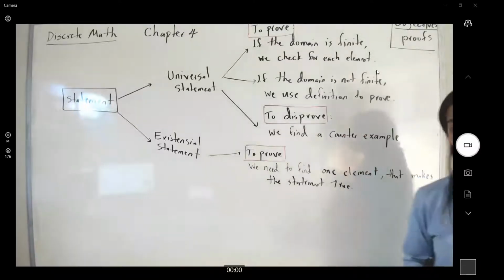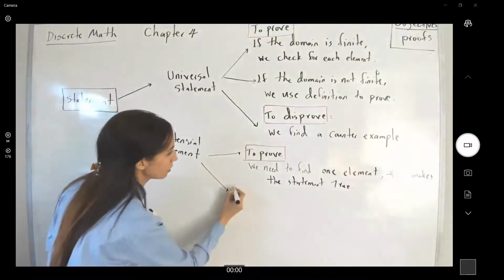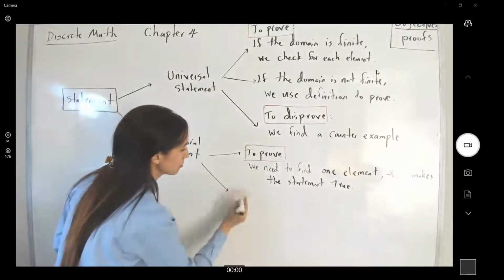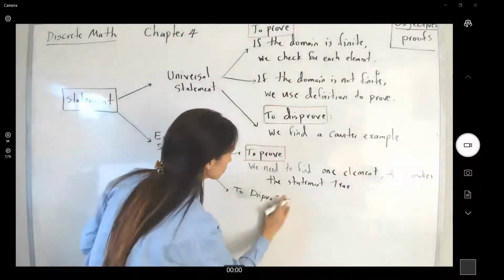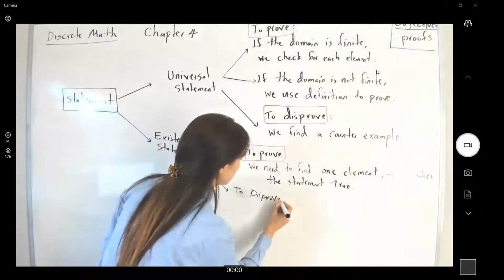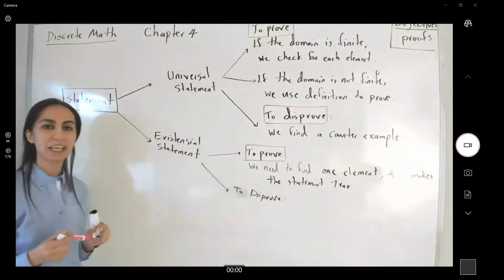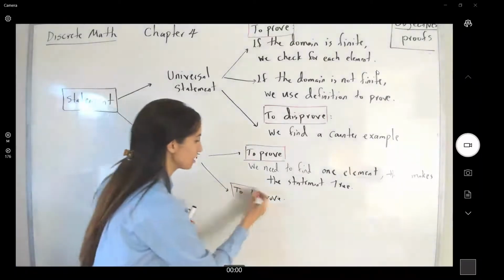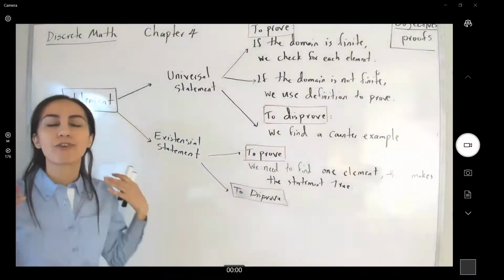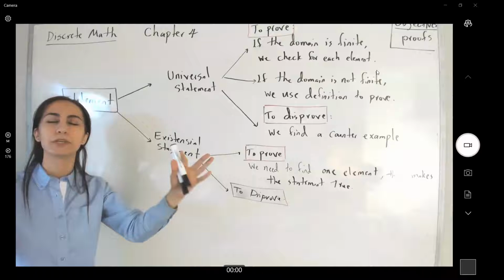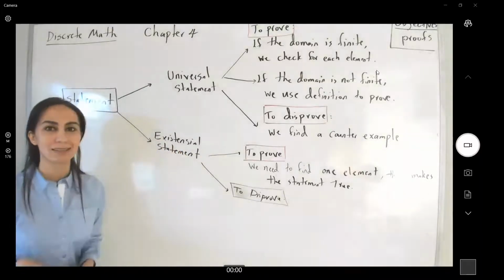How do we disprove? Very well. The negation of existential statement is a universal statement. So it means that we need to show that for any arbitrarily taken element, that statement is false.